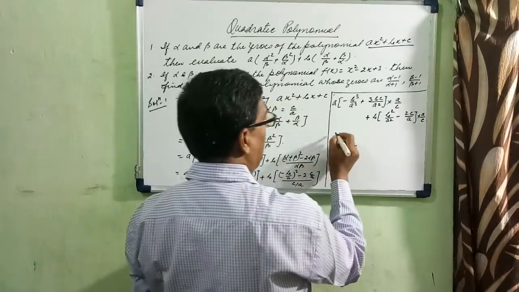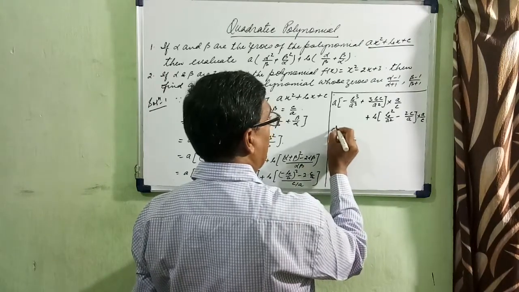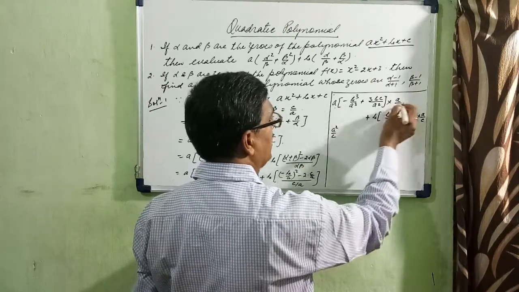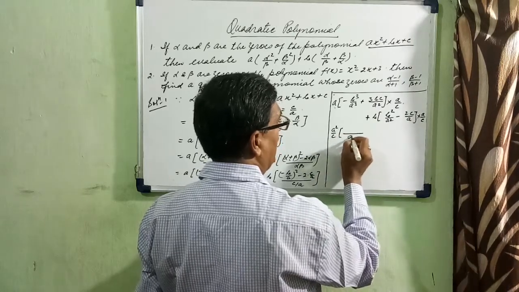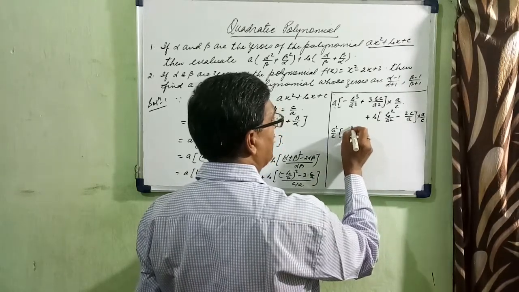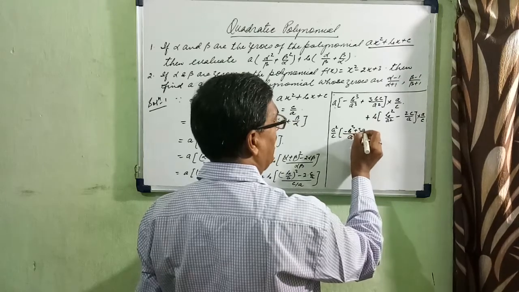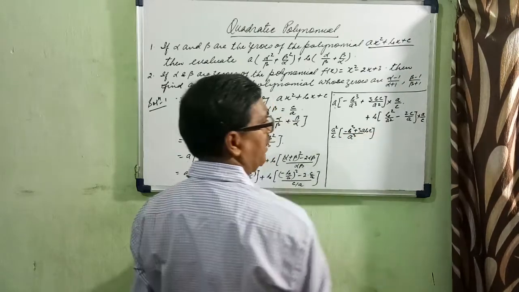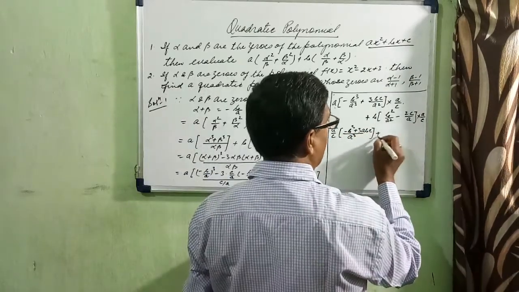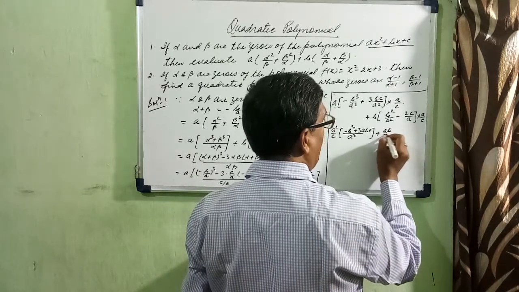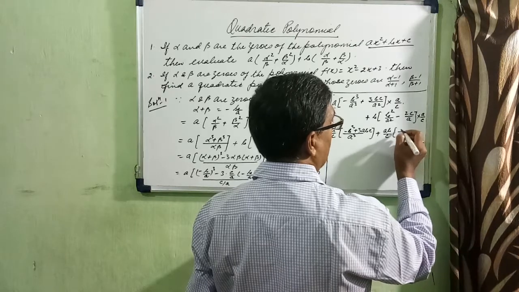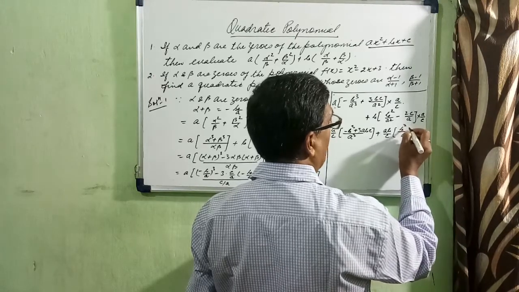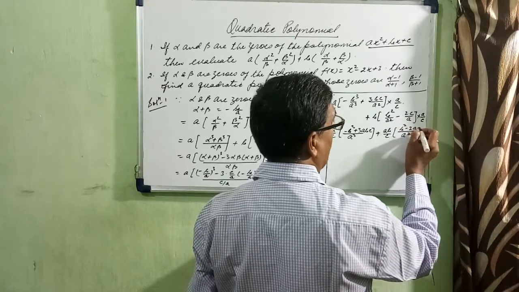So it becomes a square by c into the bracket, a cube minus b cube plus 3abc, plus ab by c into a square b square minus 2ac.